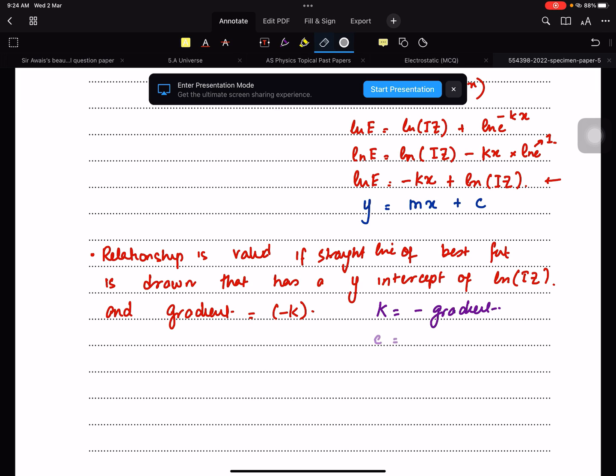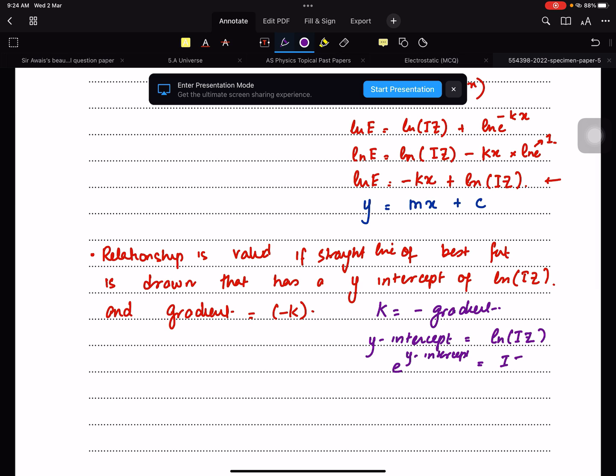equals to, just write y-intercept, not c. Y-intercept equals to ln IZ. Now I'll take the log. So this will be E y-intercept. I'm going to take E on both sides, right?